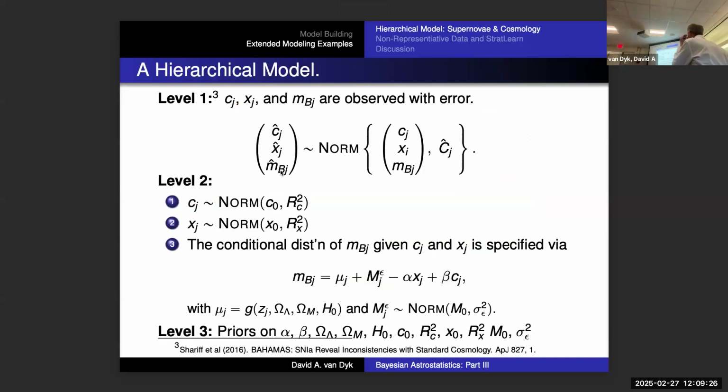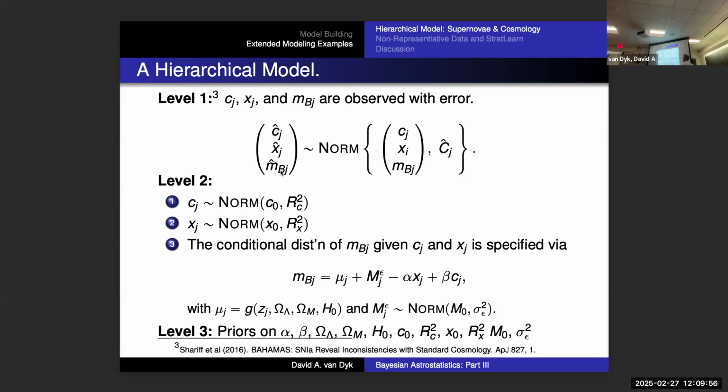Now, this is the hierarchical model. The hierarchical model becomes more interesting and a little more complicated because of the color and stretch. We have a more complex version of the model I had earlier, where you can see C hat is normal C, but I also have the stretch and the absolute magnitudes, and there is a covariance matrix that is known, the variability of the individual estimators.